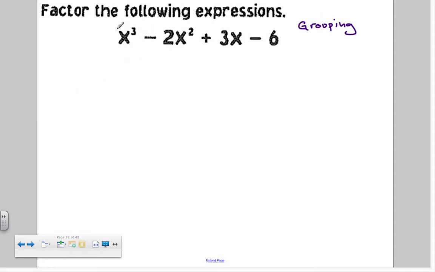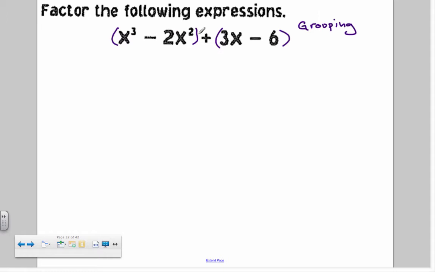So if we take a look, we're going to group these. I'm going to put parentheses on the first two terms and the last two terms. And then I need to look for a GCF in these first two terms, x cubed minus 2x squared.